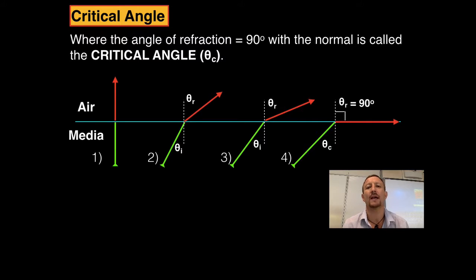Now we can calculate the critical angle of a medium by using Snell's law. For the critical angle we're going to assign the symbol theta c.